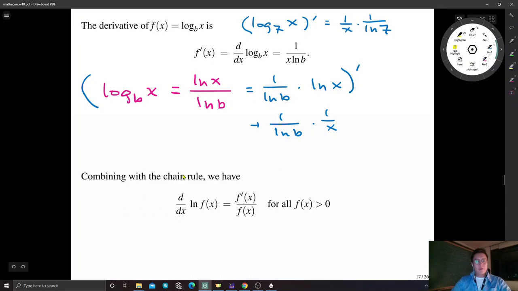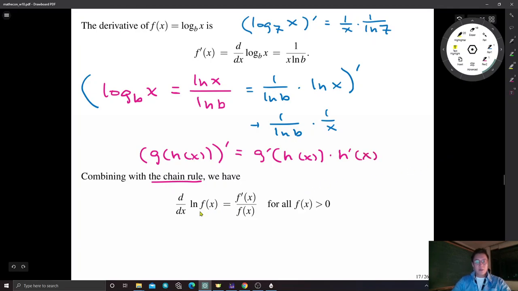Furthermore, combining with the chain rule, now we can compute the derivative of any composite function, a composite of the natural logarithm and any arbitrary function. Remember, the chain rule tells us the derivative of the composite function g of h of x is the derivative of the outer function, leaving the inner function alone, multiplied by the derivative of the inner function.